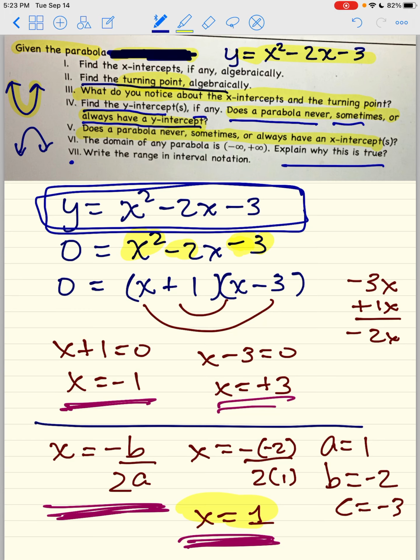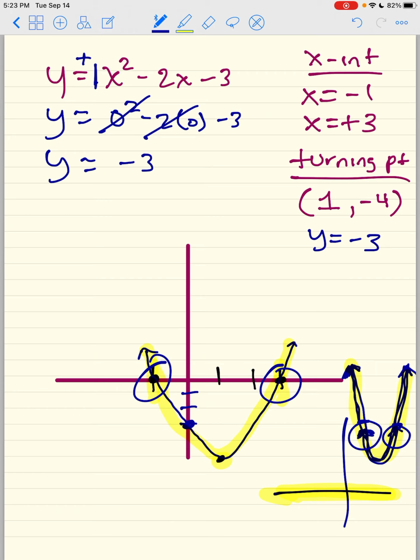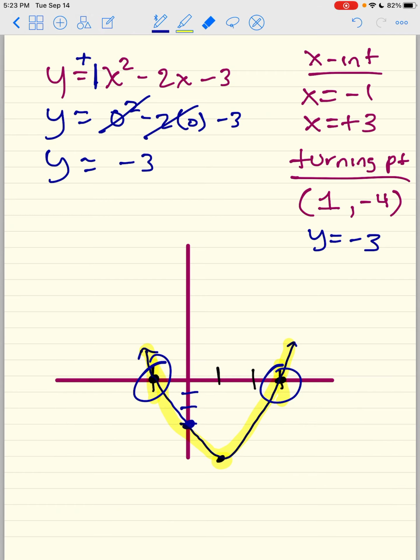But what is the range? Write the range in interval notation. Here's our graph, everyone. The range is the y. What's the lowest y point this goes to? Well, this turning point we said was (1, -4), which is x, y.